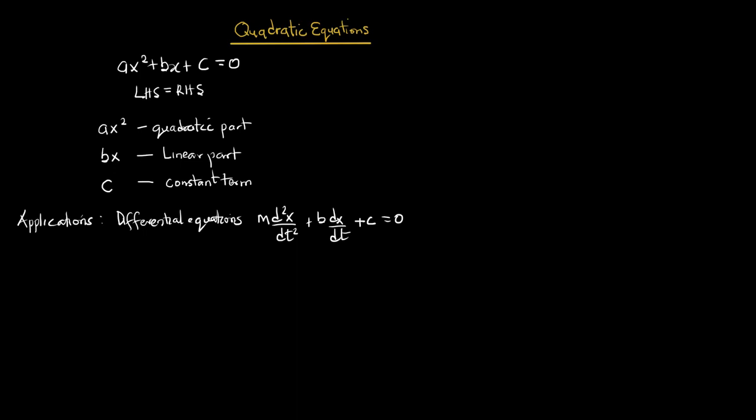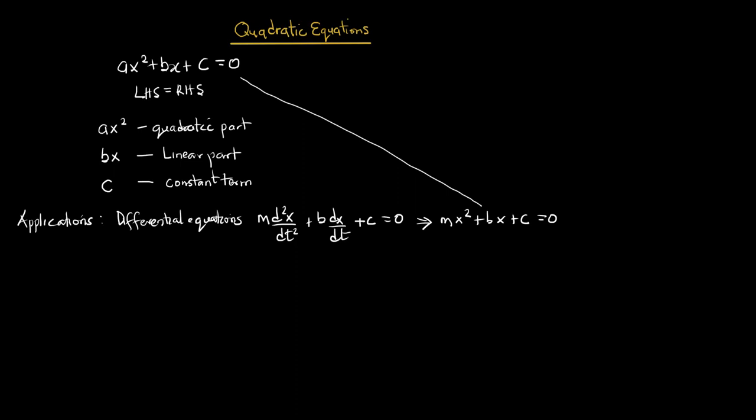This could be transformed to something that looks like a quadratic equation, where this becomes x squared plus bx plus c is equal to 0. If you compare these two equations, you will see that they have that similarity.